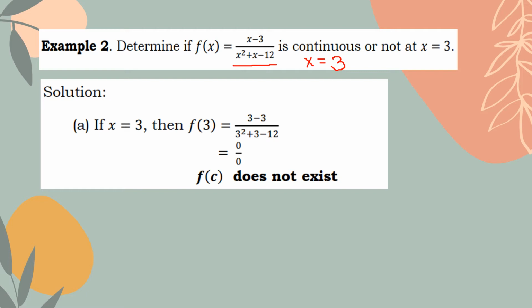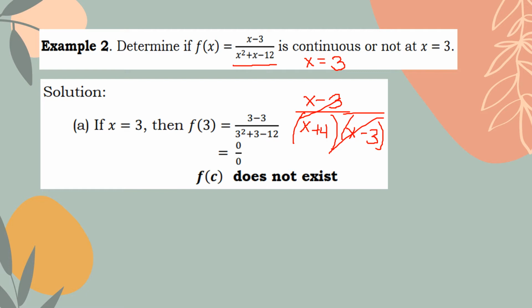And since this is positive x, my answer is x minus 3 all over x plus 4 and x minus 3, right? You can cancel this. So if x is equal to 3, obviously the limit exists.